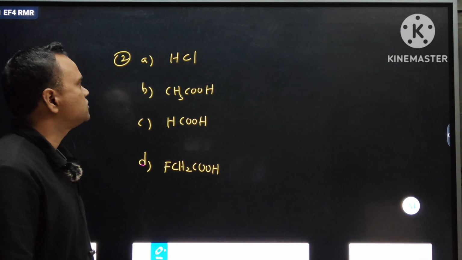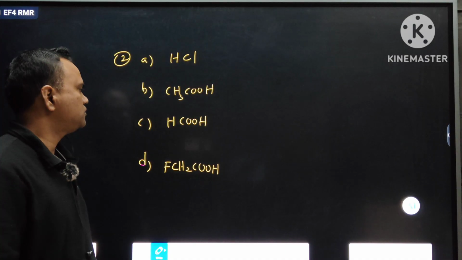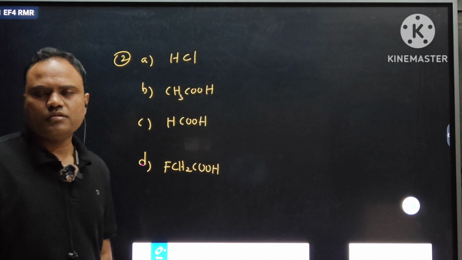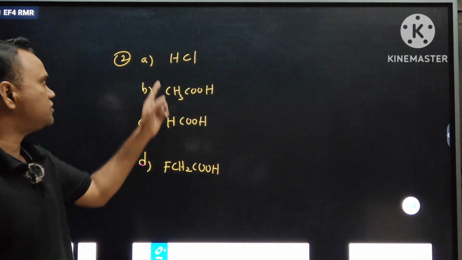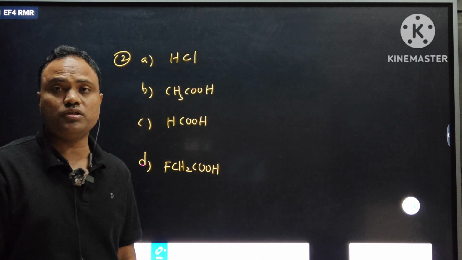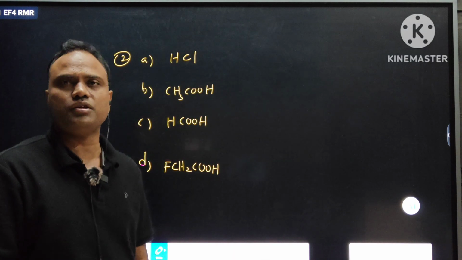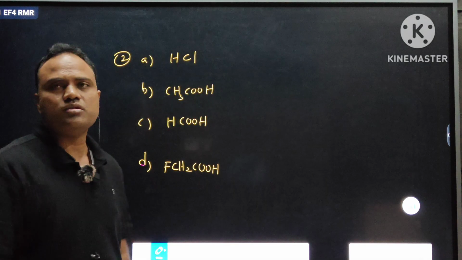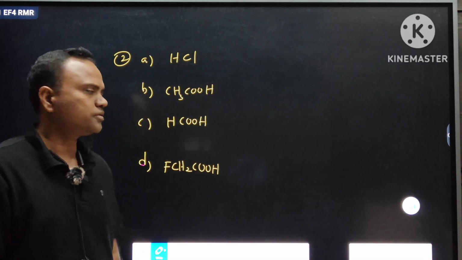See, I include A, D, C, B. Inorganic acids like HCl and H2SO4 are stronger acids because of complete ionization, 100% ionization. They act as strong acids.